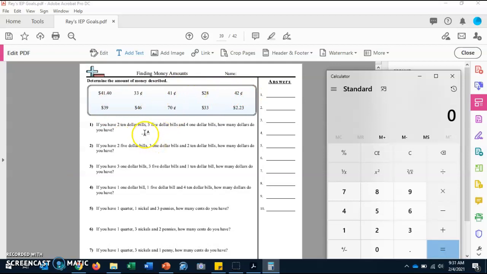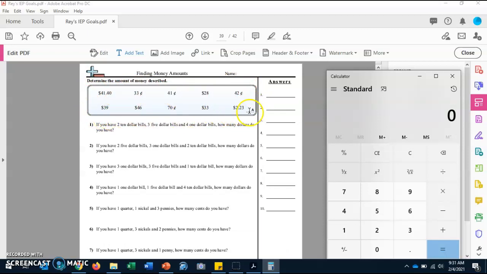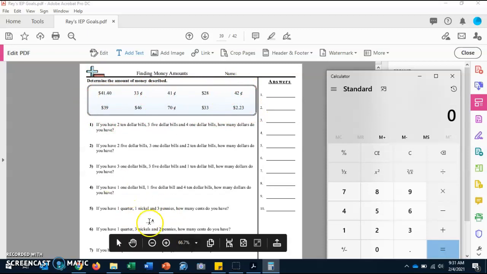So if you work on one of these questions and you do not get one of these answers, that means there was a mistake and we need to find what mistake we made and try again. Our answer should match one of these answer choices right here.